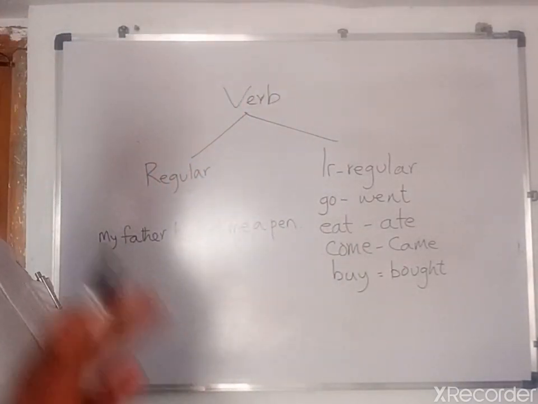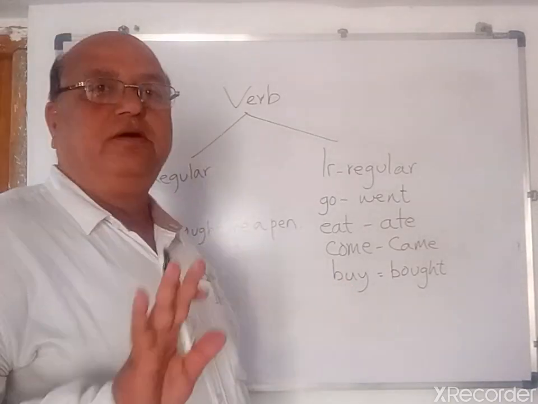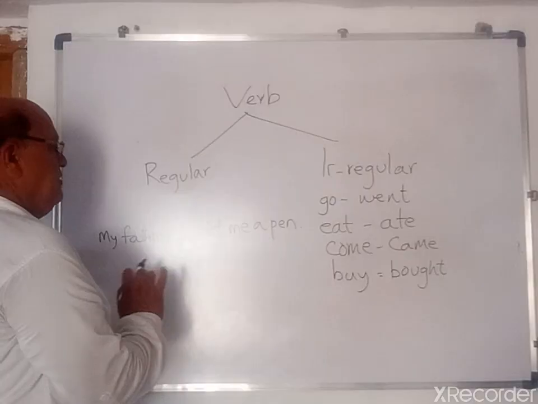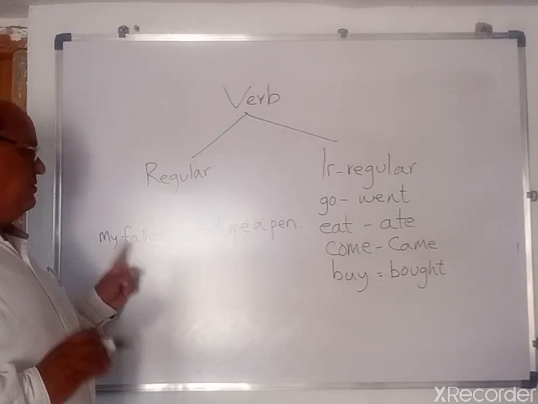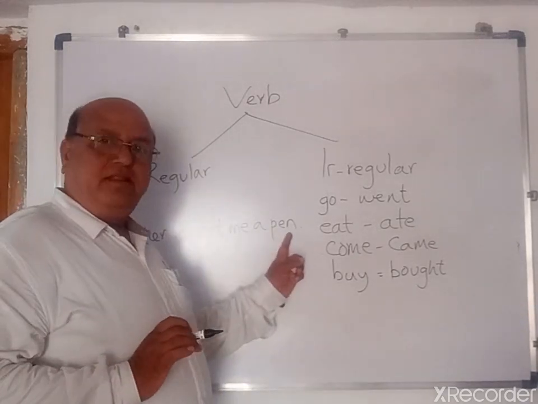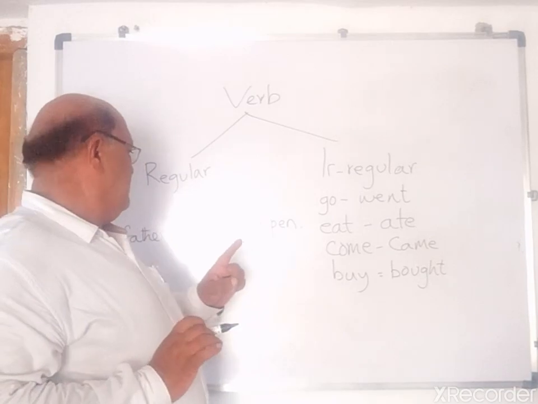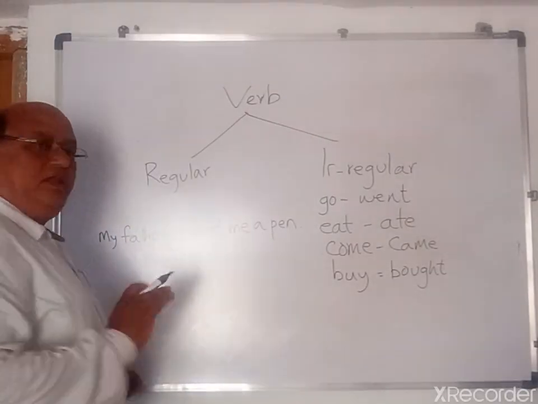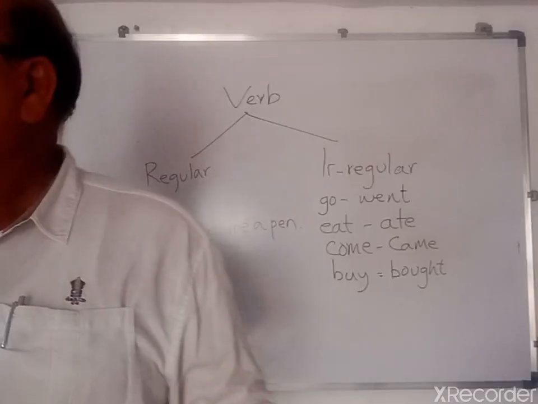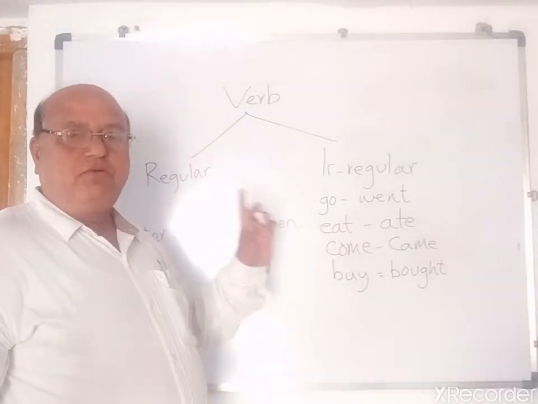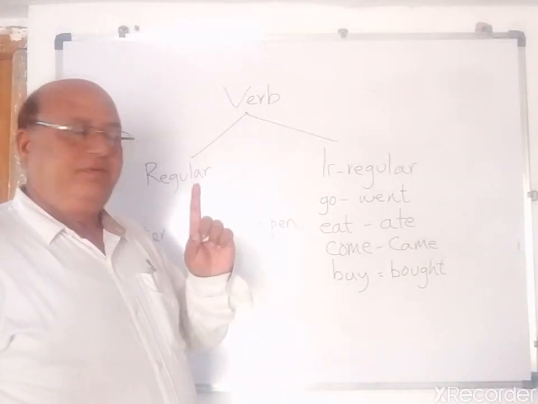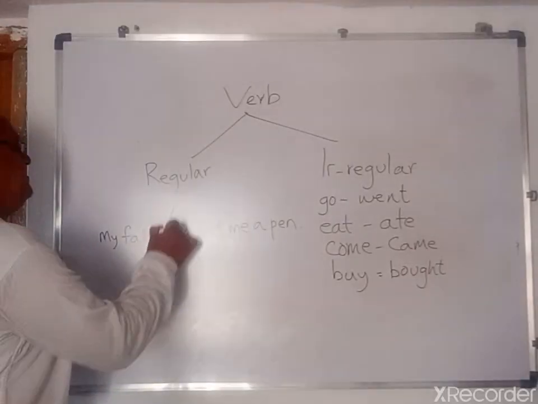Here we will be asked, underline the verb. Okay. Which one to underline? Father? No. Pen? No. Then how can we know which one is the verb here? My father bought me a pen. How can we know? Yes, very good. First subject, predicate.